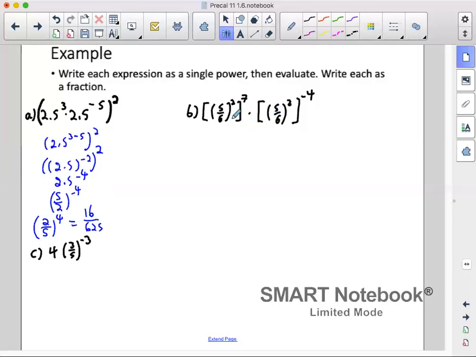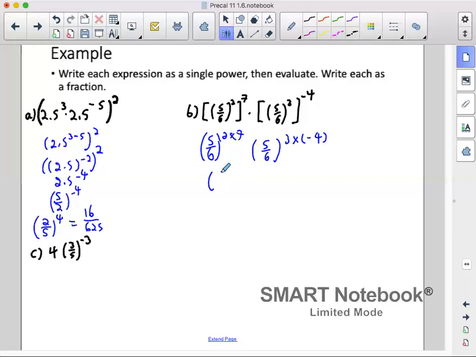Next one we have is here. We'll do our exponents first, then we can multiply these together. So that gives us 5 over 6 to the power of 2 times 7, times 5 over 6 to the power of 3 times negative 4.